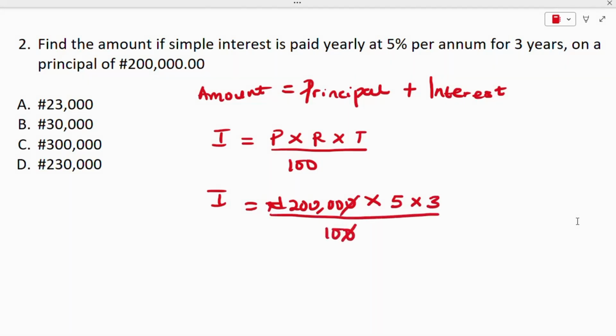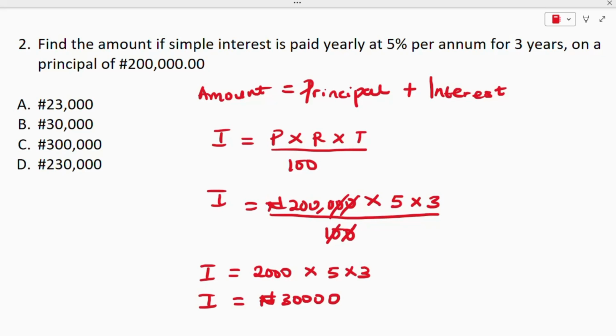So we cancel out the zeros, so we have that interest is equals to 2000 times 5 times 3. So interest is equals to 2000 times 5 times 3 is going to give us what? 30,000. So we have 30,000 to be the interest.